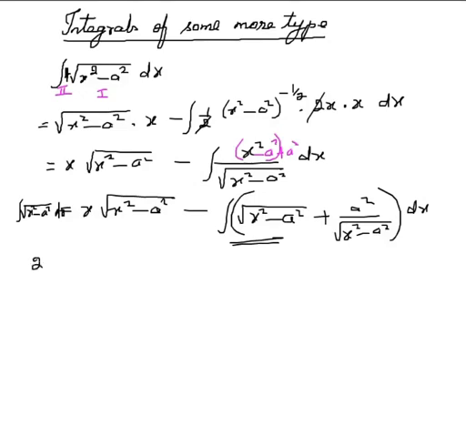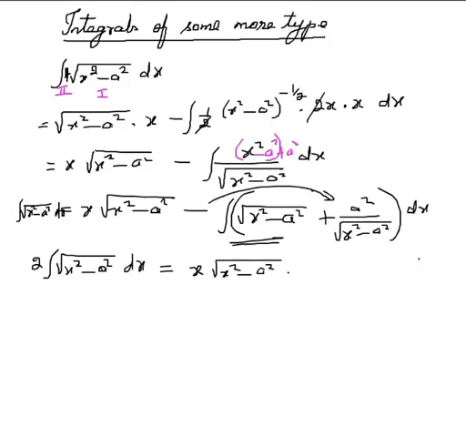Bring it to this side so it becomes twice. Is equal to x times root of x square minus a square, and formula for this term will be, distribute this negative sign, so minus a square times log of, we use this formula from exercise 7.4, x plus root of x square minus a square.